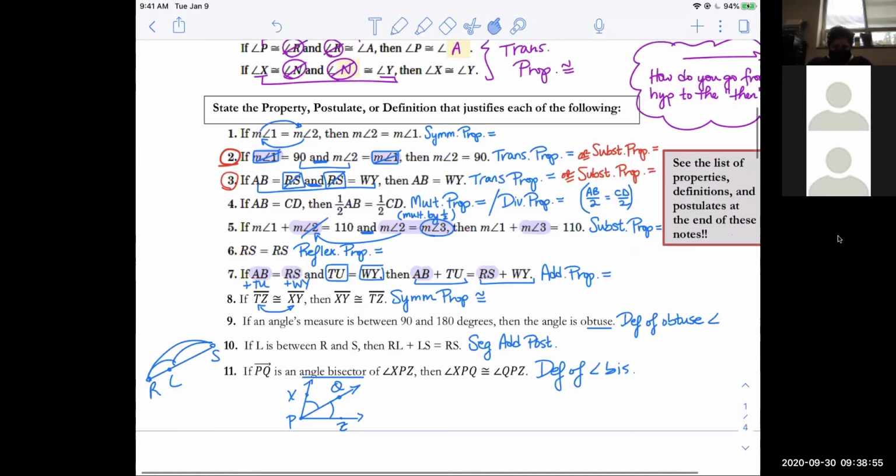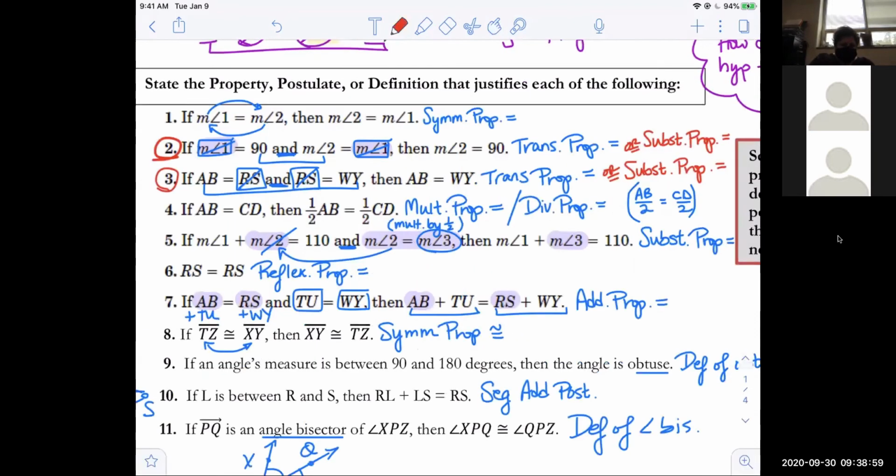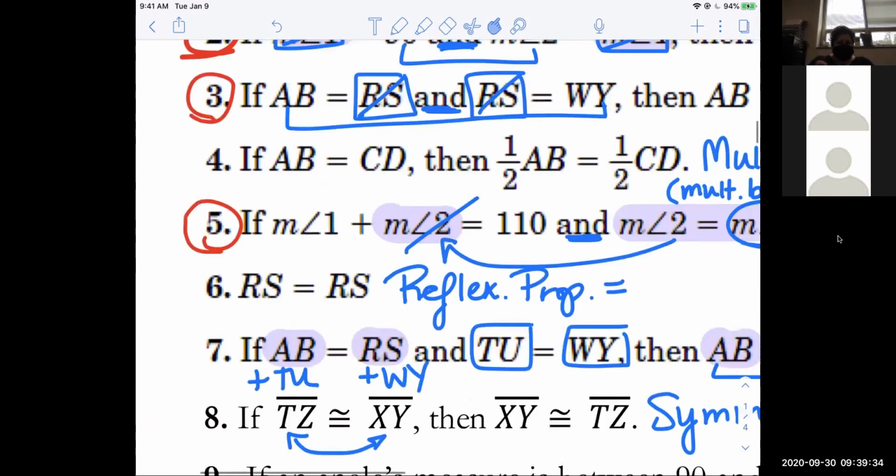So let's look for others down here. Let's see, substitution, number 5. We said yesterday that was substitution. Could that be transitive? Let's count. Here's thing 1. Is this thing 1 or something new? Okay, talk with me here.